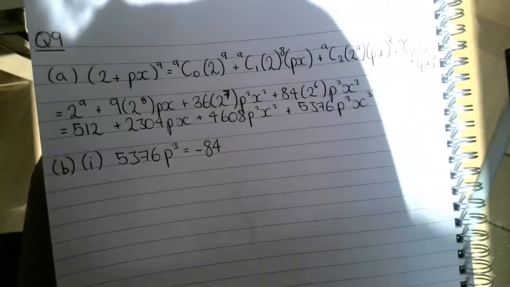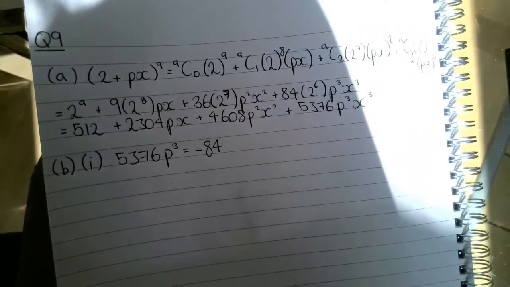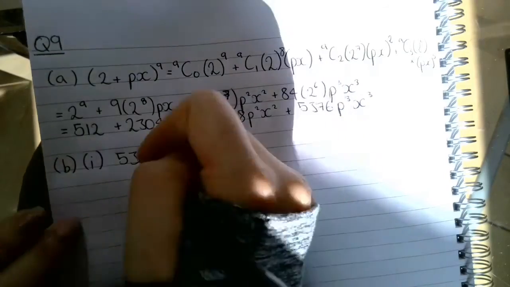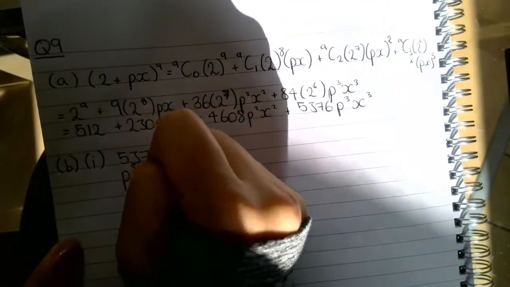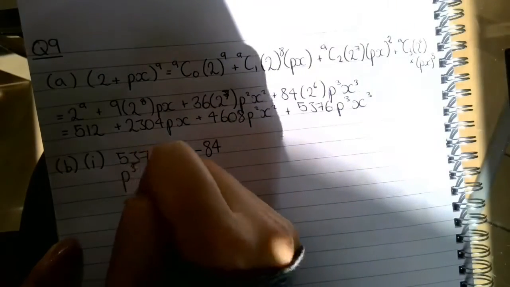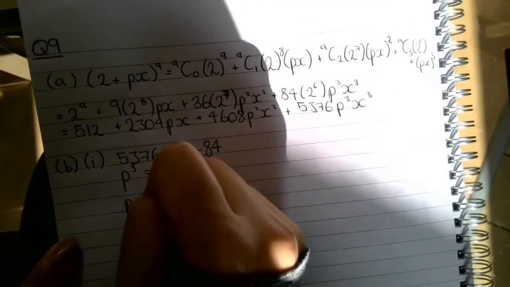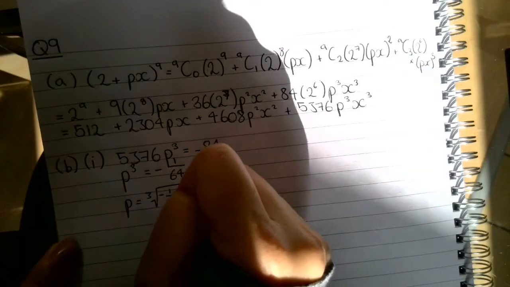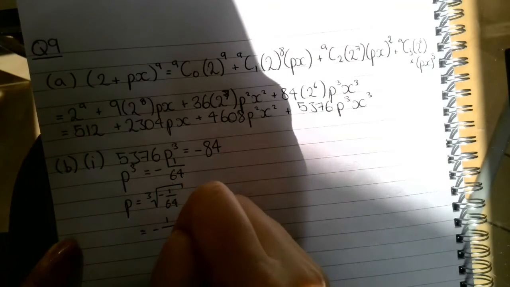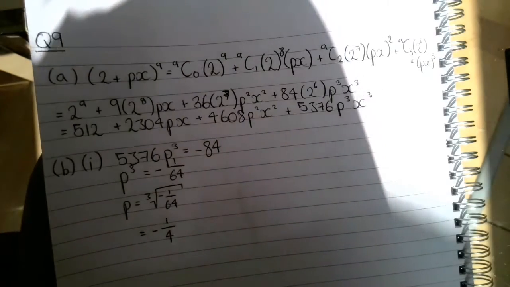So if I divide both sides by 5376, I get that p cubed is equal to negative 1 over 64. So p is equal to the cube root of negative 1 over 64, which is negative 1 over 4.